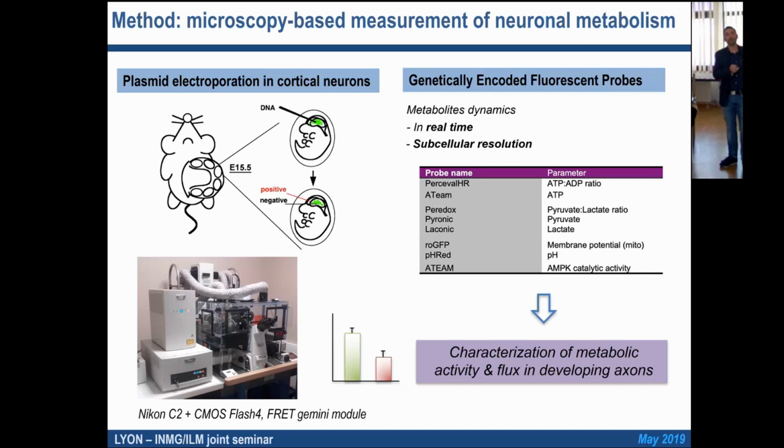And the other thing is that metabolic activity is dependent on the temperature. So you need to be in an environment that is controlled by the temperature. You need to be at 37 degrees, otherwise it just doesn't work. So you need this whole big box above the microscope that will maintain the temperature at 37 and the CO2 at 5%, just like in an incubator.